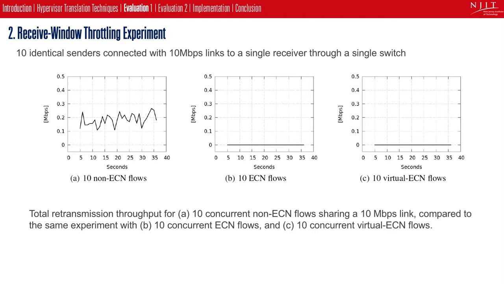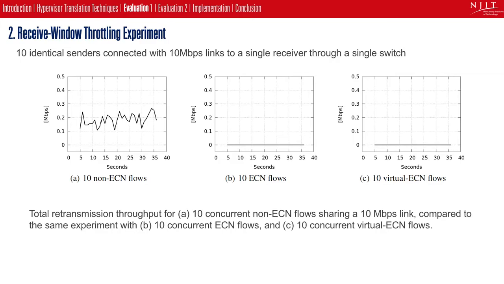To demonstrate that indeed we get an ECN benefit of the reduced retransmission when using virtual ECN, we run an experiment with 10 identical senders connected with 10 Mbps links to a single receiver through a single switch. The figure illustrates that when using only non-ECN flows, some 2.3% of the link capacity is wasted on retransmission due to the packets dropped in the congested queue at the port connecting the switch to the receiver.